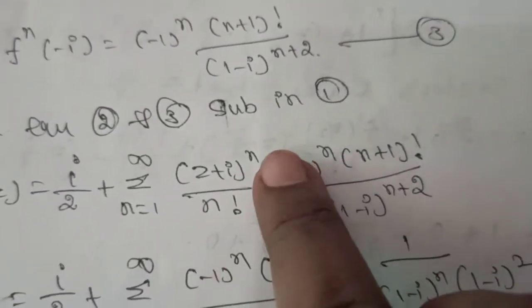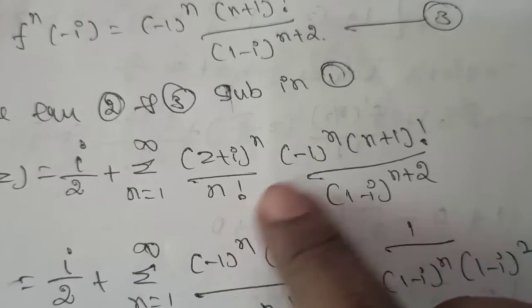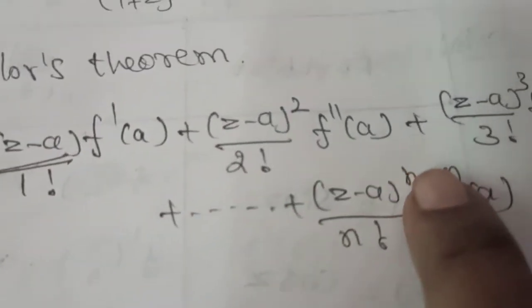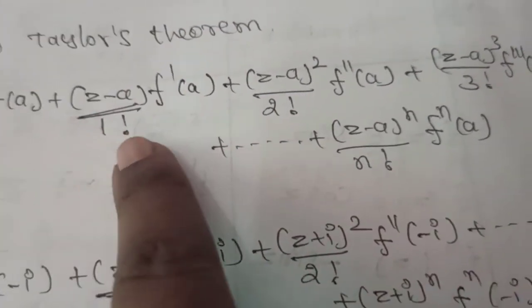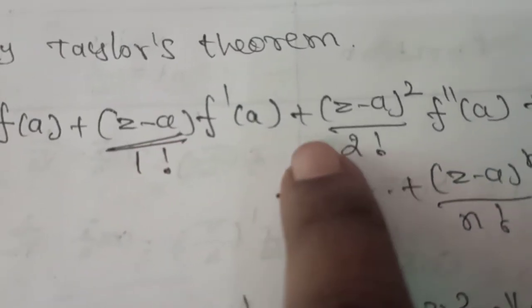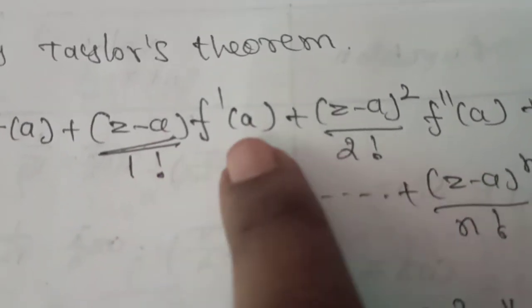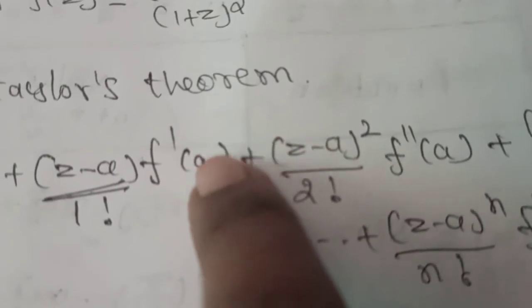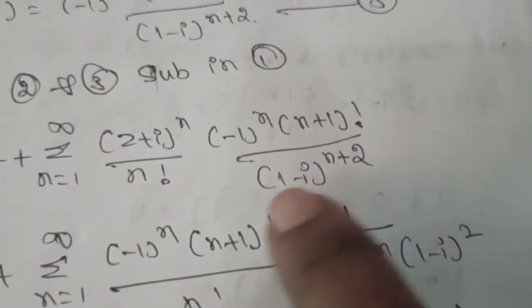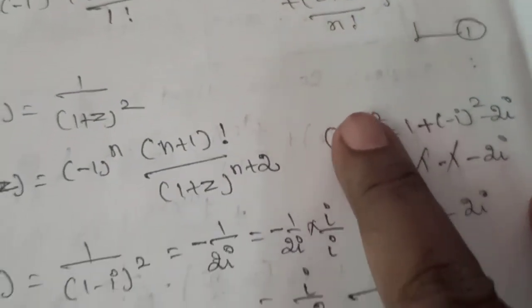So (z plus i) to the power n divided by n factorial, into the nth derivative. In this expansion I will take the sum of the values, that is summation of n equal to 1 to infinity (z minus a) to the power n divided by n factorial into f^(n)(a).